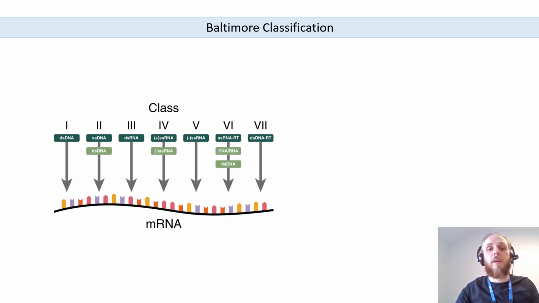Okay, you'll see that there's this arrow beneath each of the boxes. This arrow is basically signifying that the virus is going from its genome to RNA. So every virus expresses its genome via RNA. The reason is that every virus uses the host cell translation machinery.